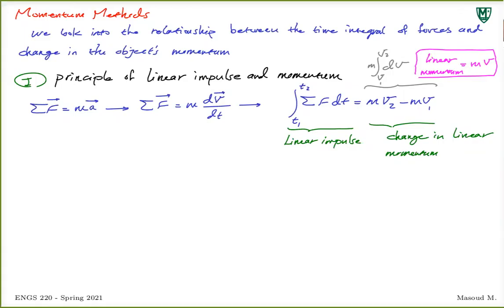So this is basically the principle of linear impulse and momentum. What does that tell us? It tells us that the linear impulse applied to an object during an interval of time, like from t1 to t2, is equal to the change in the object's linear momentum. If you want to write this equation in words, that becomes the principle of linear impulse and momentum. Let me write it this way.